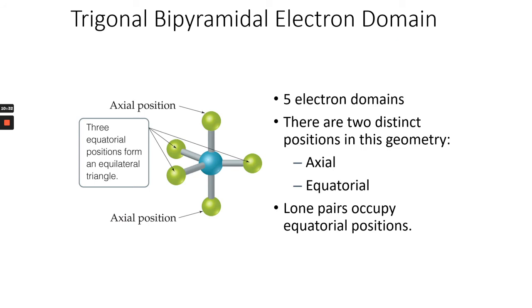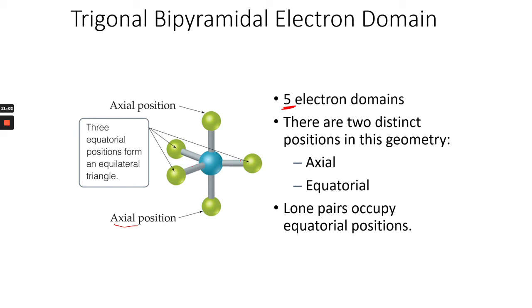So let's look at trigonal bipyramidal. Remember, this has 5 domains now: 1, 2, 3, 4, 5 things coming off. So this is the electron pair geometry that you'll see. There are 2 distinct positions in this geometry. There are the up and down ones, which are the axial positions, and then equatorial is kind of within the plane here.